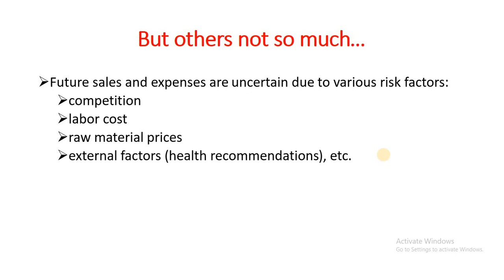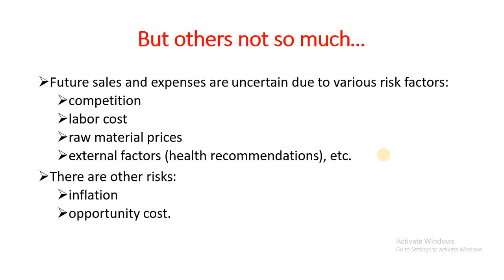In the meantime, the labor cost cannot be predicted, and Bata also does not know what their raw material price will be in upcoming years because their raw material is leather. Leather price fluctuates. There are also external factors like economic factors or other factors which we need to consider.